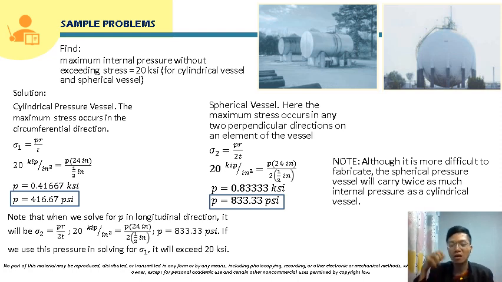The downside is that it is more difficult to fabricate a spherical vessel than a cylindrical vessel. That's why we can see cylindrical vessels more frequently compared to spherical vessels, right?